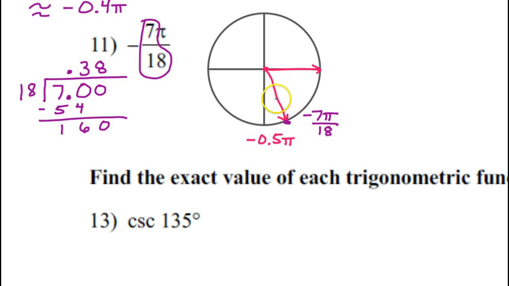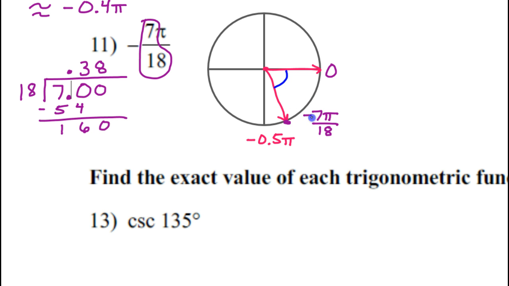I did not go beyond the reference angle. So, we started off, of course, at 0, and then we went to negative 7 pi over 18. And the thing is, this is the reference angle right here. So we know how big this is. It is 7 pi over 18. All right, that's how far we went.